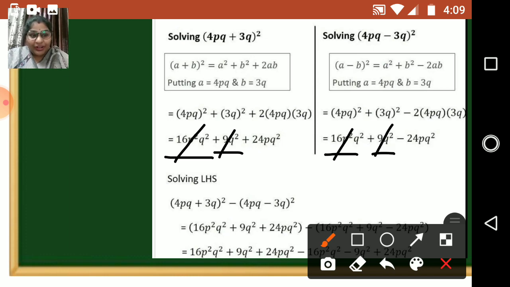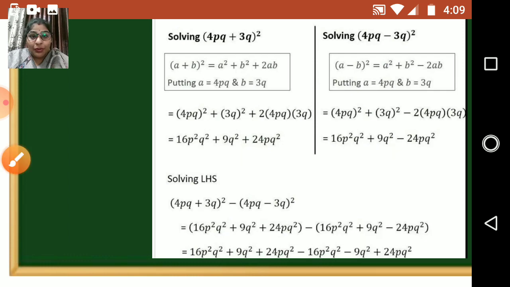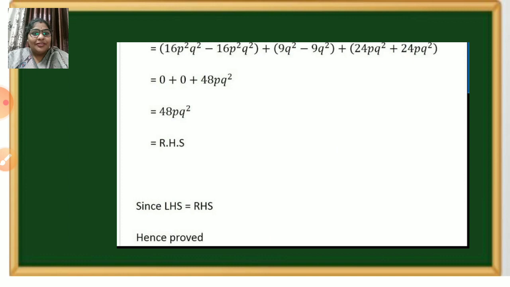And 24pq square minus of minus 24pq square, we are going to add it. So we will get 48pq square, right? Minus becomes plus, so it becomes 48pq square, which is nothing but equal to right hand side. So this is hence proved.